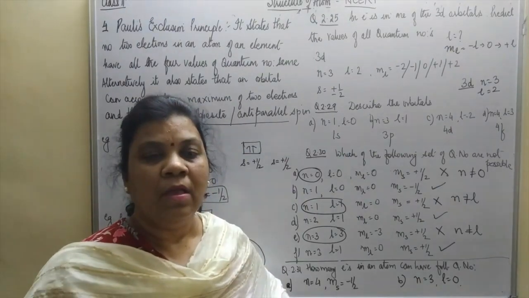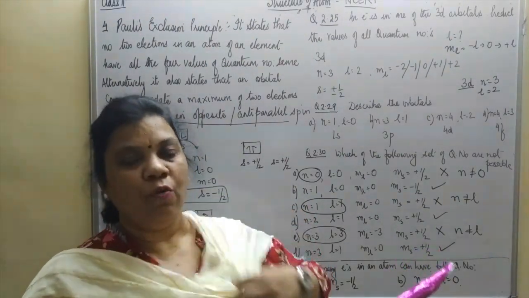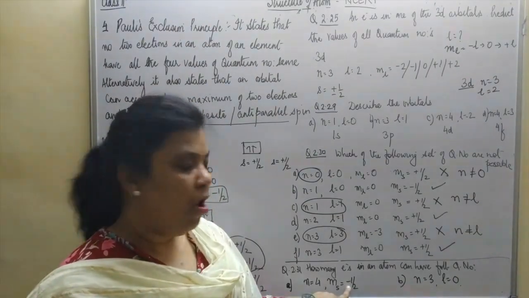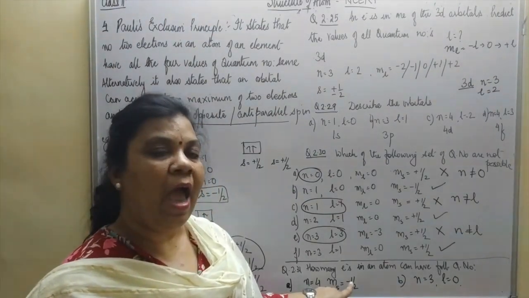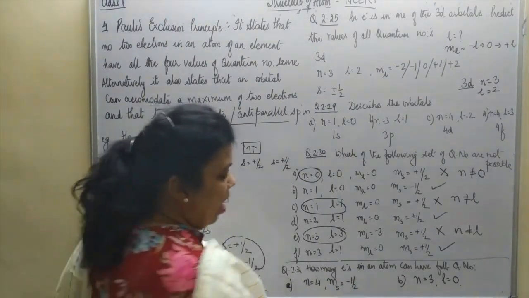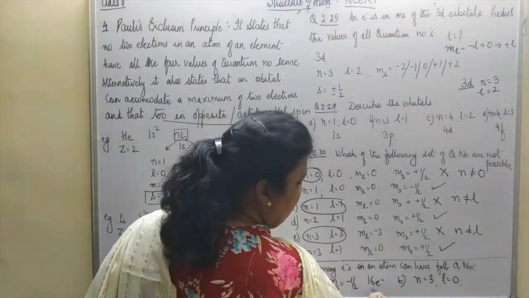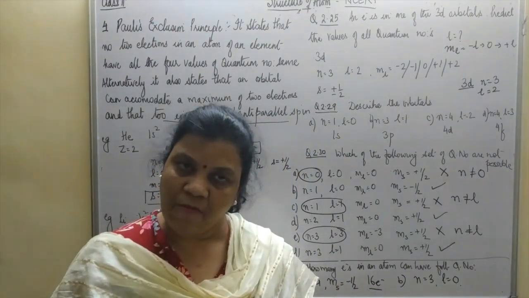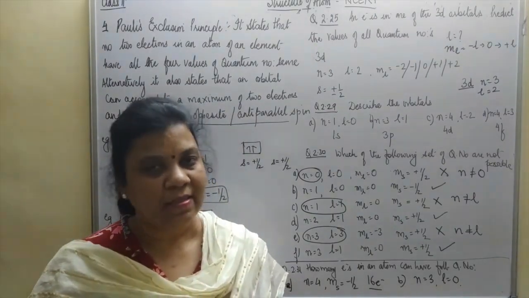But remember that out of 32, 16 will have the spin plus half and 16 will have the anticlockwise spin, that is minus half. So the answer is 16 because out of 32, half will have spin in the anticlockwise direction with s value minus half.